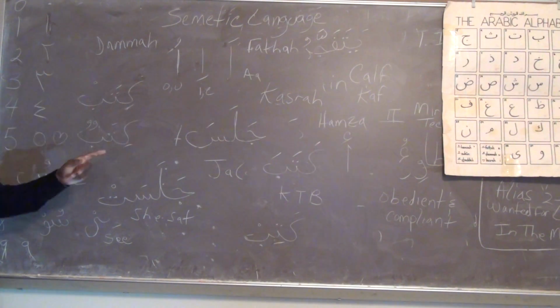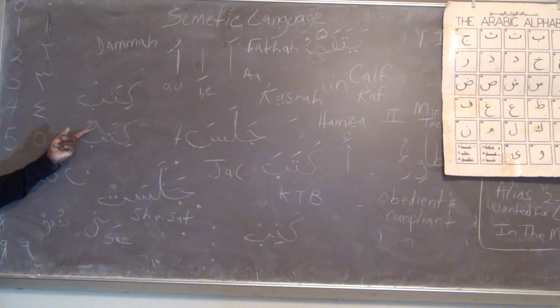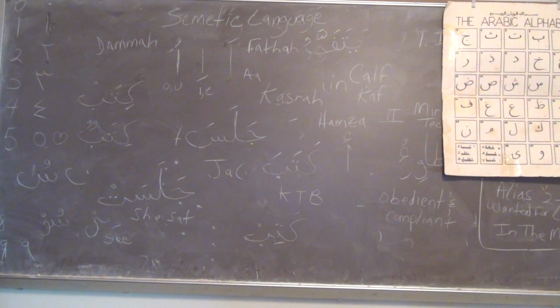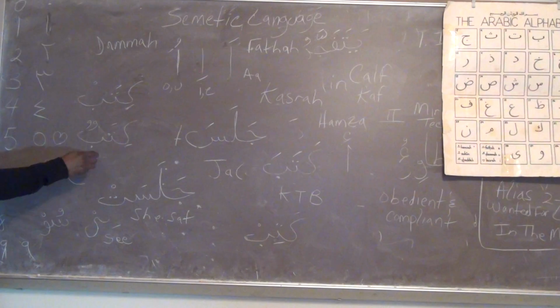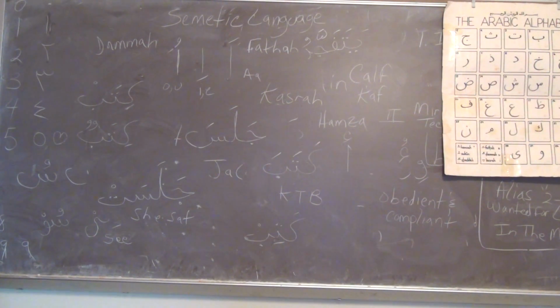But when we have it like this, we give it a UN sound. So every letter on the end gets a UN sound. So now we pronounce this as kitabun, which is a book. Say it again. A book.